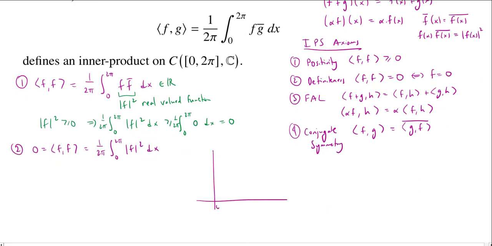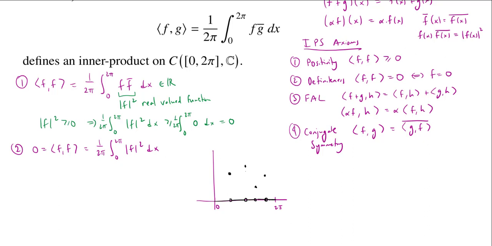Maybe I was going to go from 0 to 2 pi, and if my function was 0 a lot of the time, but then every once in a while it would hop up to some other value, non-zero. Well, the integral is still 0, but the function is not, right? Look, I have 4 points here where the function is non-zero.